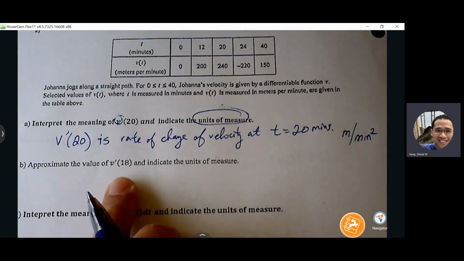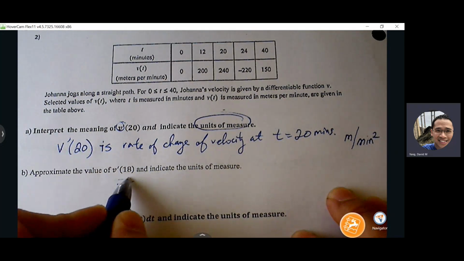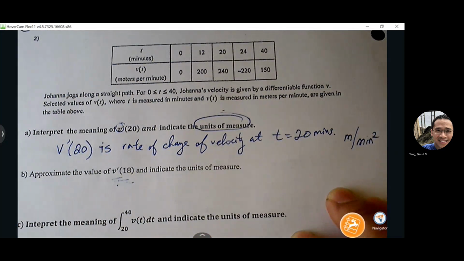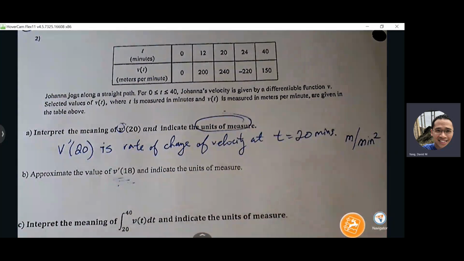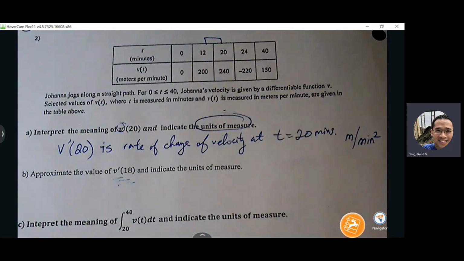Okay, approximate v prime of 18. So I can just find the what? Slope. And here, we should only be looking at one way of doing this. What would you do here? Yeah, 12 and 20, right? There's only 2 ordered pairs that you can choose.